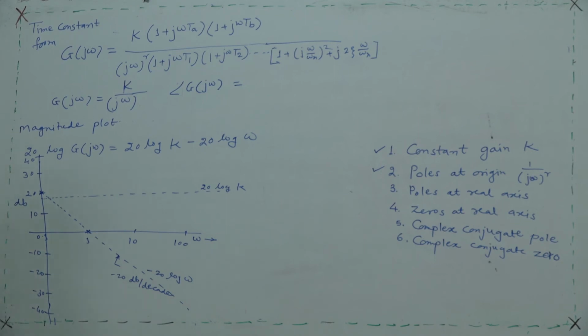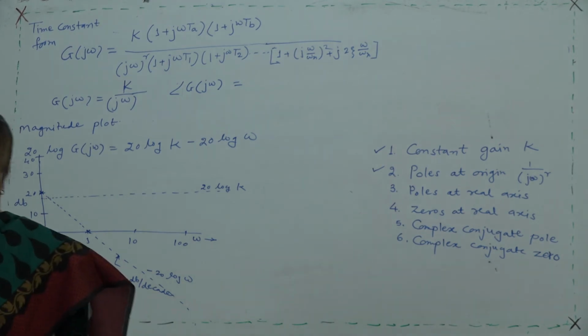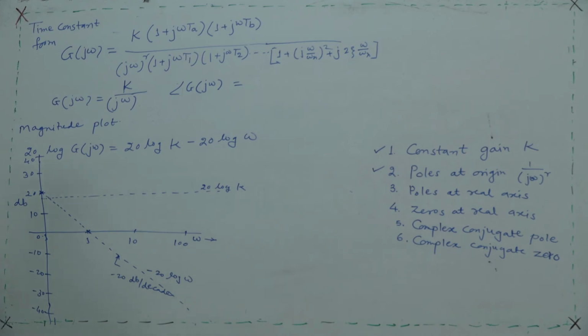Now, combine this together. So, combine this together means what we will get? If I am considering point 1, okay, I will get contribution due to 1 upon j omega is this, and contribution due to 20 log of K is this. So, this plus this you will get. So, you just arbitrarily add this together.